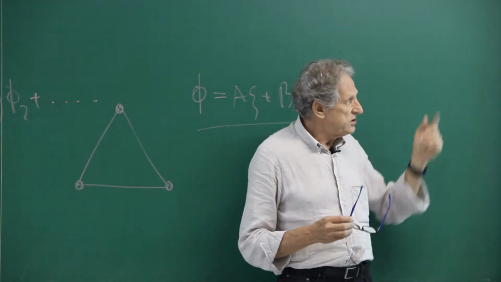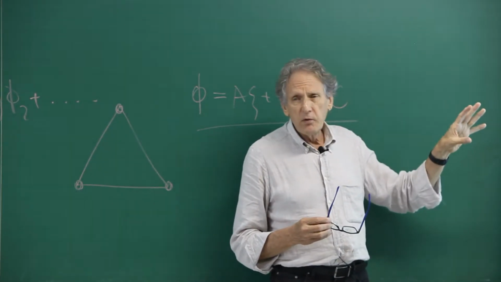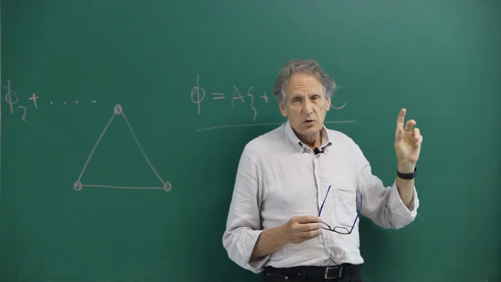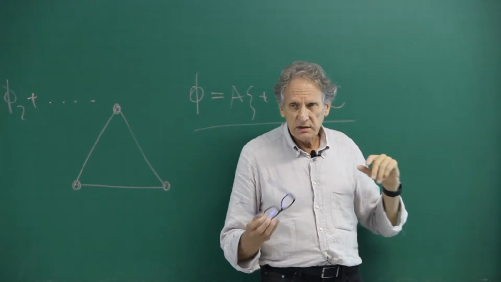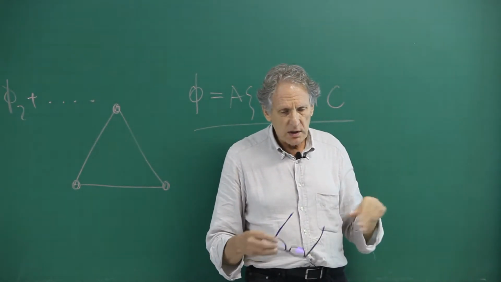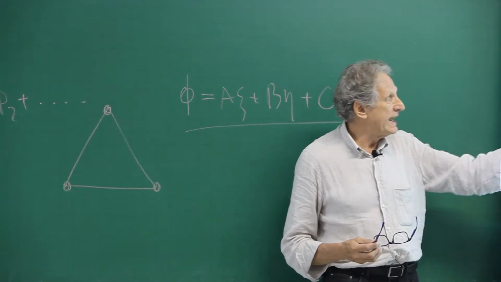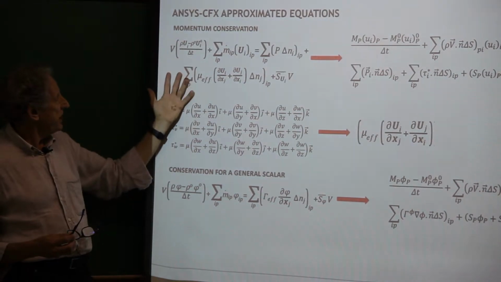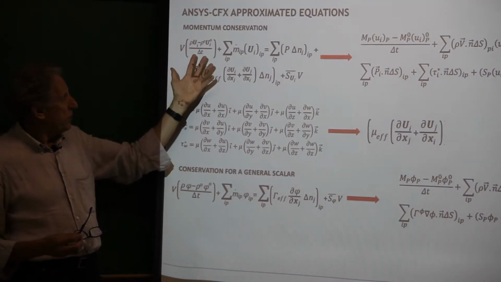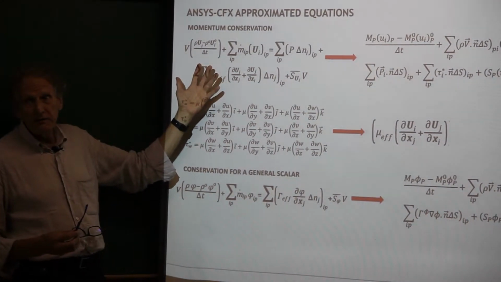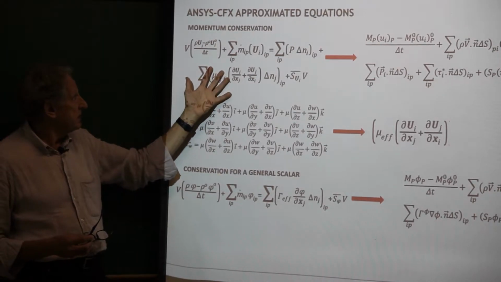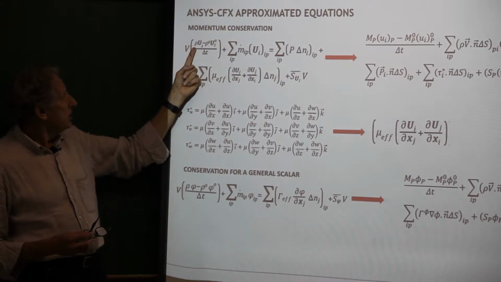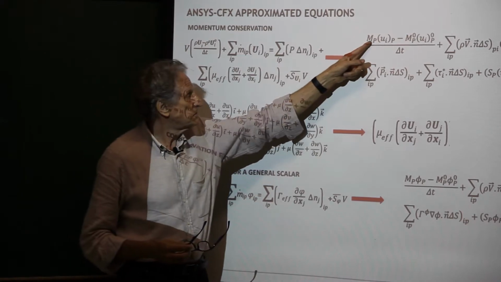What I'm trying to do here, just for the people who are familiar with the ANSYS CFX manual, is correlate the equations that you have in the ANSYS CFX. Again, remember the Navier-Stokes equation and look at this. This is V times rho. Rho times V is mass.